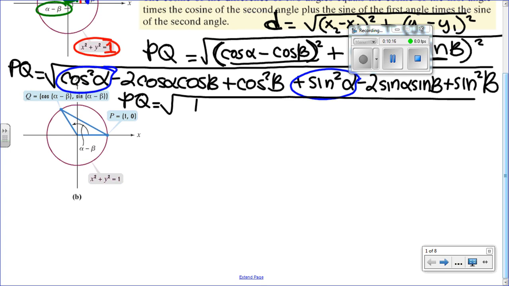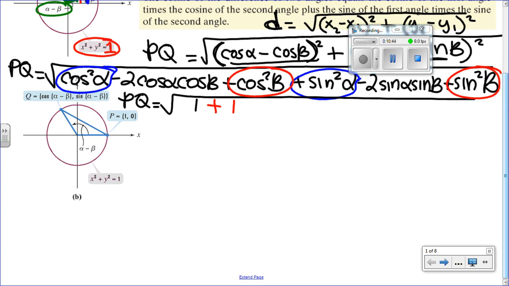Why? Because of, look over there at the board, the Pythagorean identity, the OG, original. As long as you have the same angles and you have the cosine and the sine square, you can substitute that with the number 1. And then can't you do that with cosine squared beta and sine squared beta? Thank you. So we do that again, so it will be another 1.